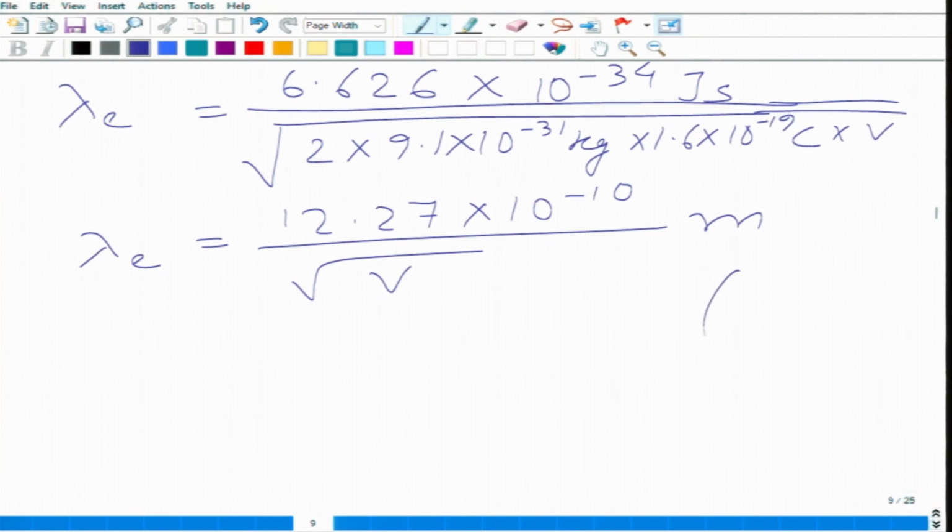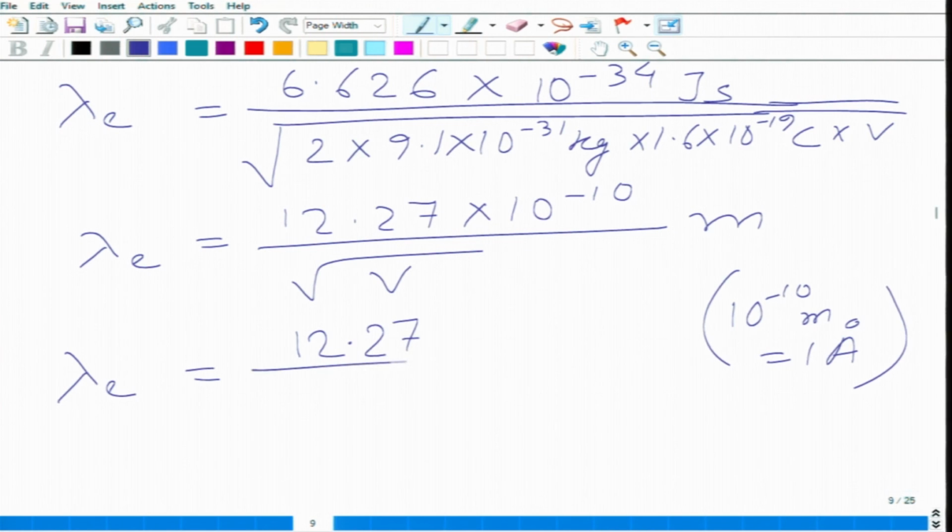Now, we know that 10 to the power minus 10 meter is equal to 1 angstrom. Therefore, we can write lambda E is equal to 12.27 by root V angstrom.